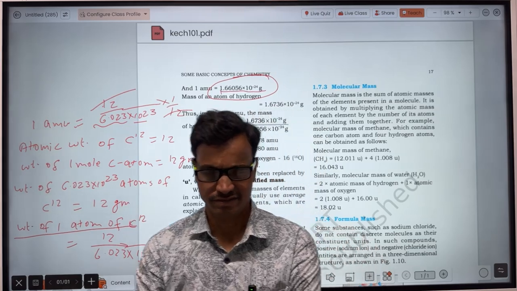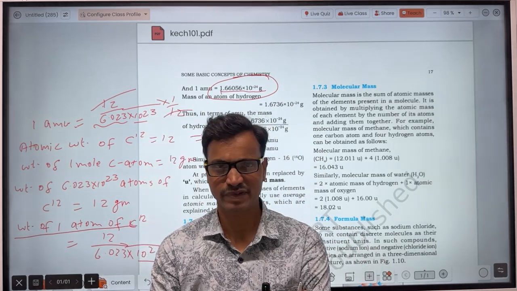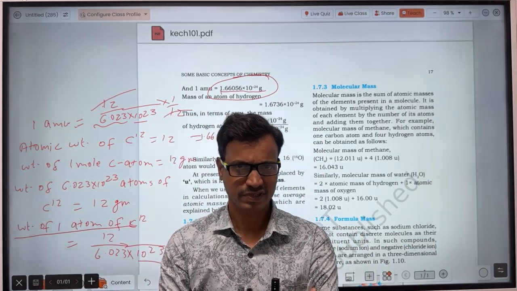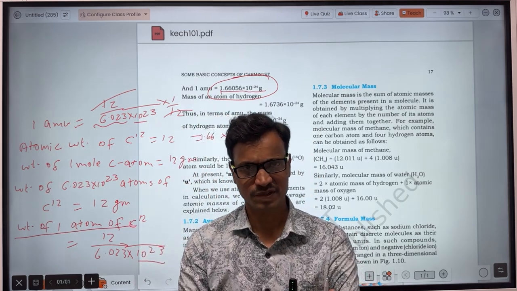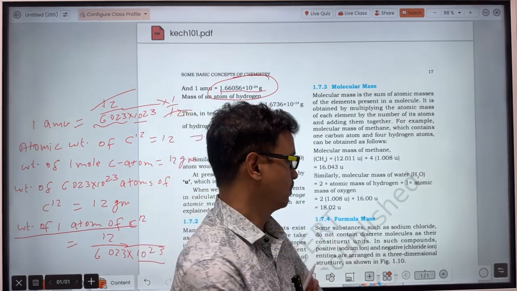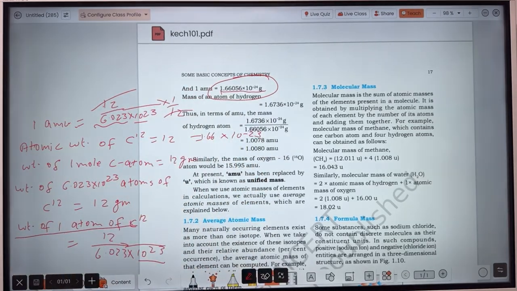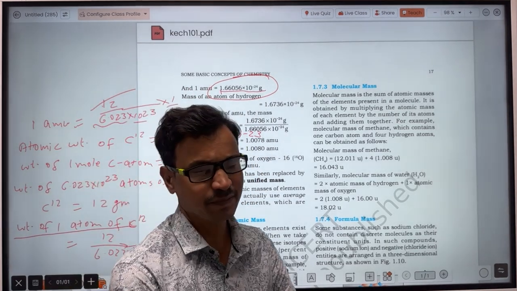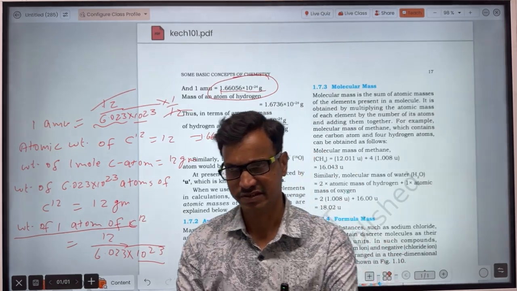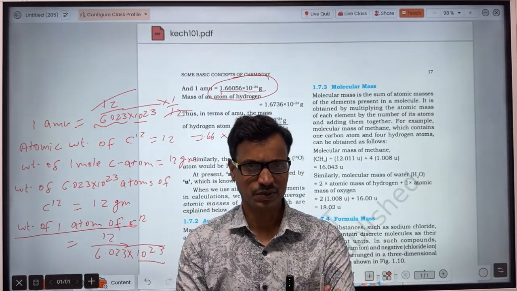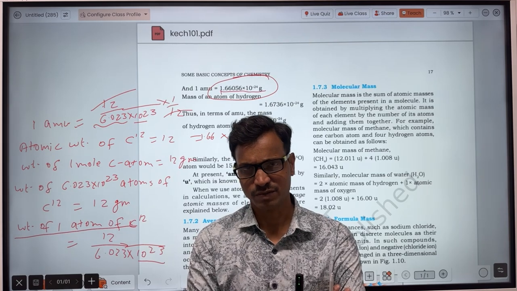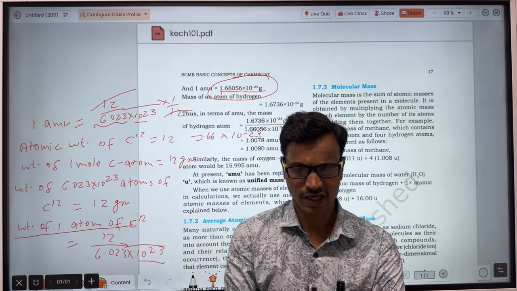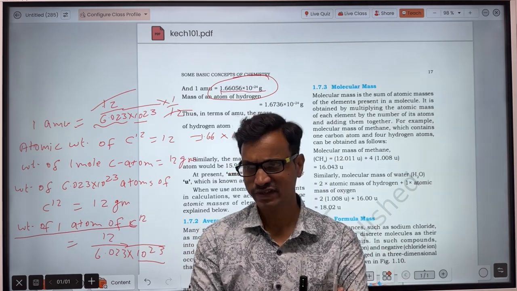In the NEET examination, the main examination, and also the CUET examination, a question may ask 1 AMU equal to how much gram? So 1 AMU will be equal to 1.66 into 10 to the power minus 24 gram. If you forget in the examination, then you can calculate it: 1 AMU is 1 by 12 into the weight of one atom of carbon 12, and you know the atomic weight of carbon is 12.